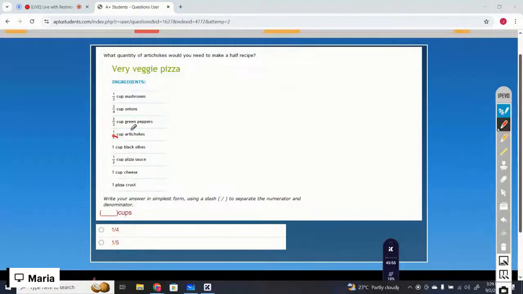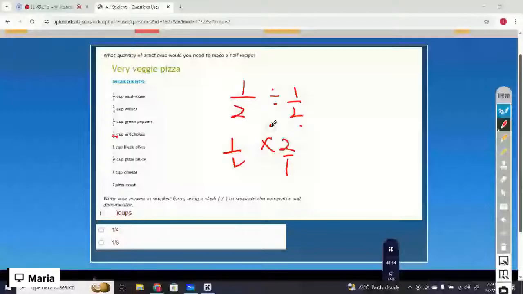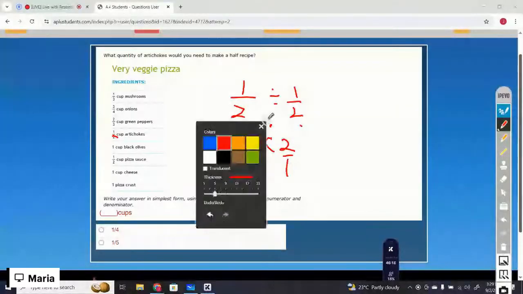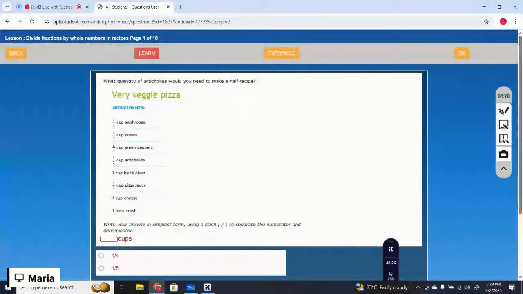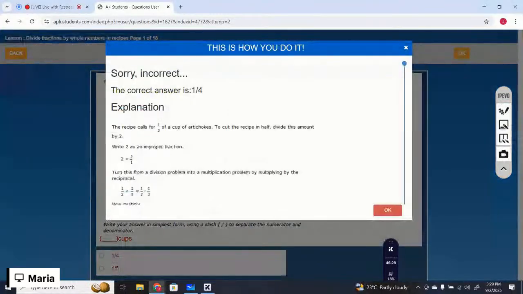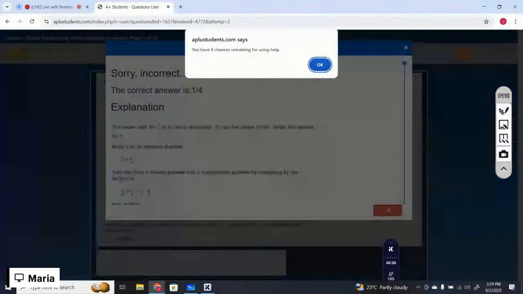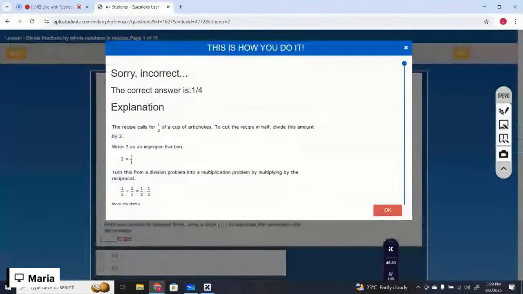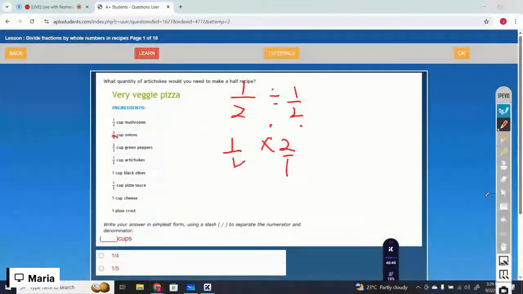So divide it. You're going to do it into the half.